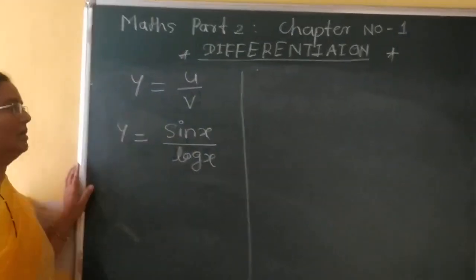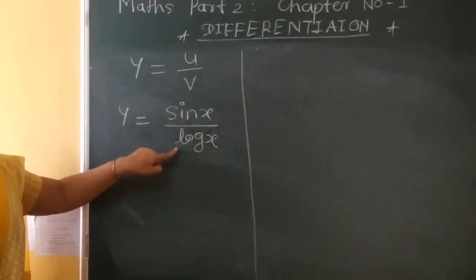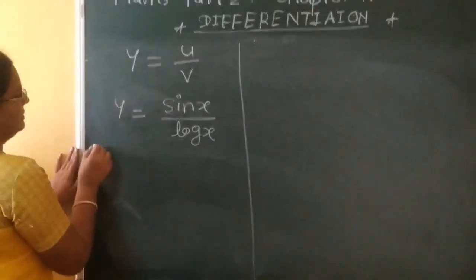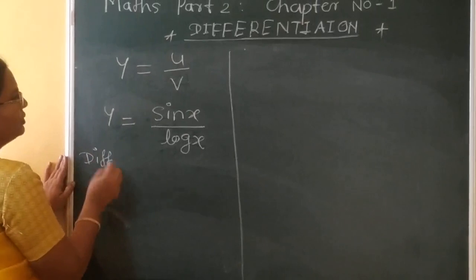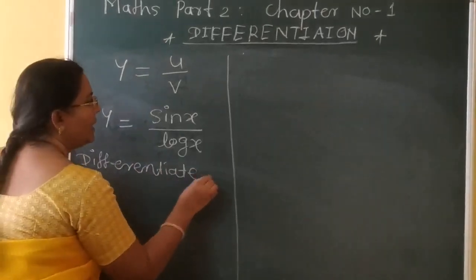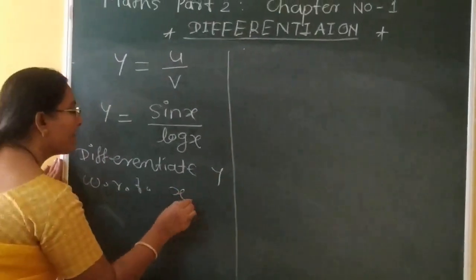Suppose this is the numerator and this is the denominator. By using the formula for the quotient, differentiate y with respect to x.